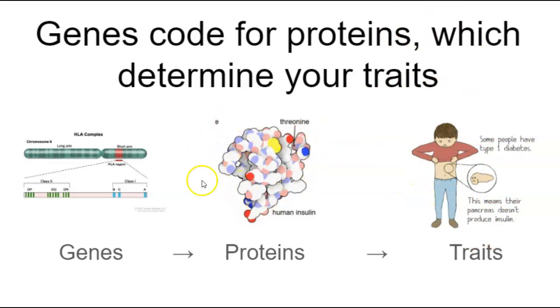If we don't make the right protein, we can't allow sugar into our cells, and as a result, we have type 1 diabetes. If you have brown eyes, the protein is going to be made that actually turns your eyes brown. It's a different protein than if you have green eyes, and that's your trait.